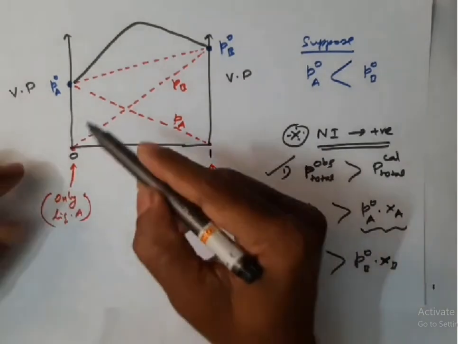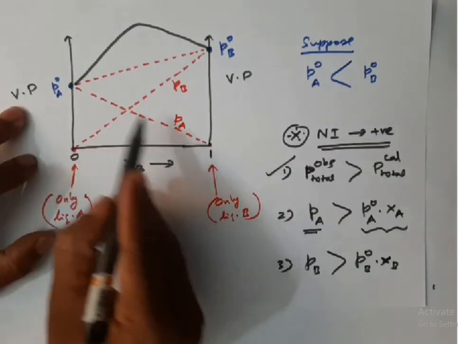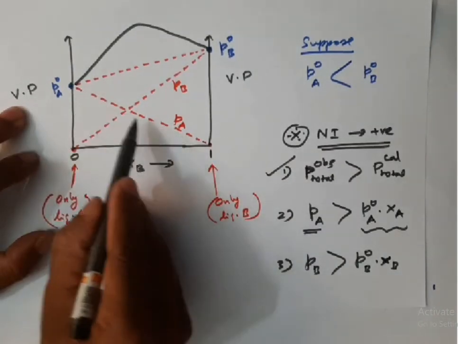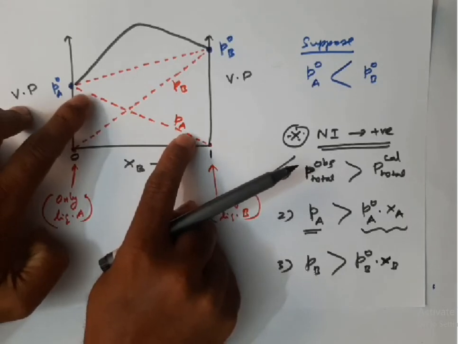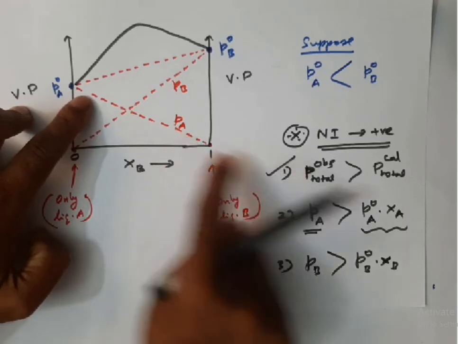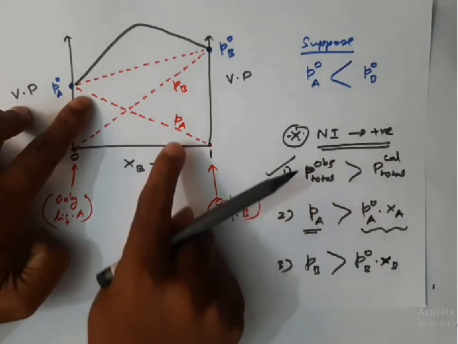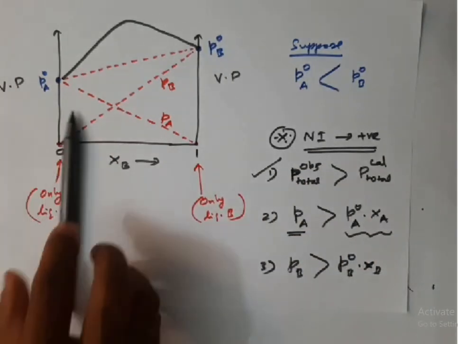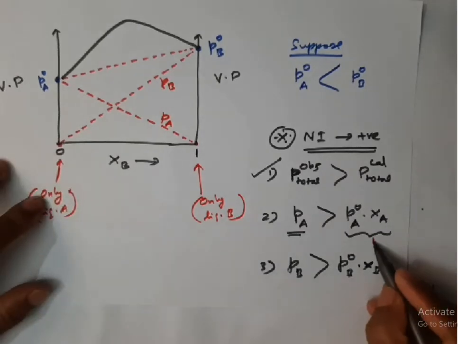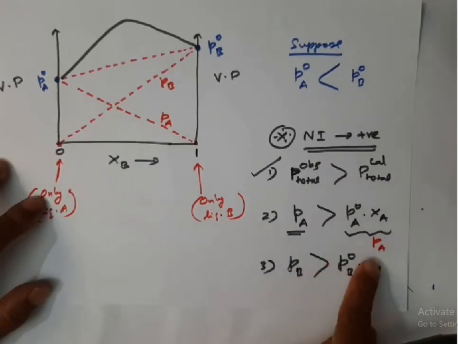Therefore, if you plot for partial pressure of A, you will never get a straight line. The straight line is possible only for ideal solution. Since your solution shows positive deviation, the actual partial pressure is greater than this. Okay, this is partial pressure calculated through Raoult's law.